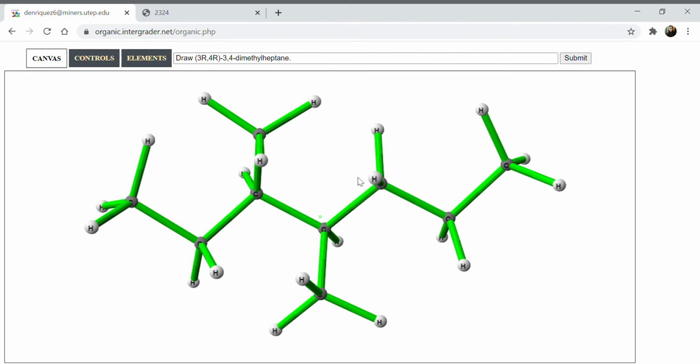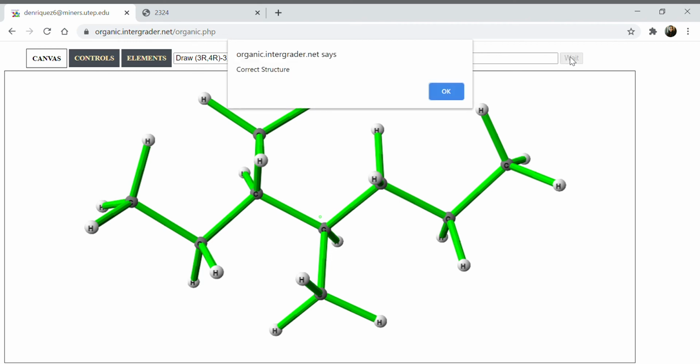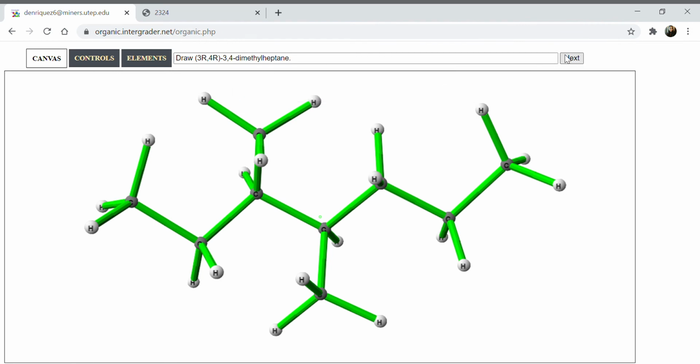It's going clockwise, so that's the R position. I'm going to make sure this is correct as well, that I didn't change anything. So highest priority, second, third, going around R clockwise. So let's see if it's right. Okay.